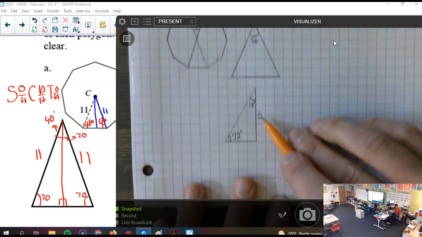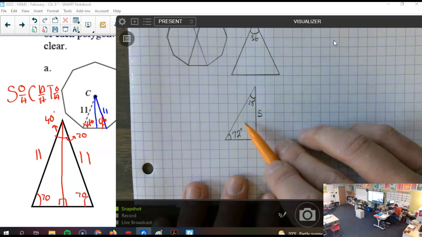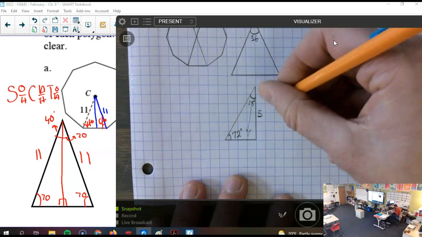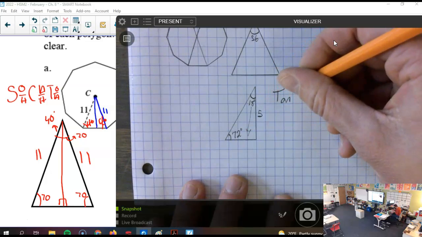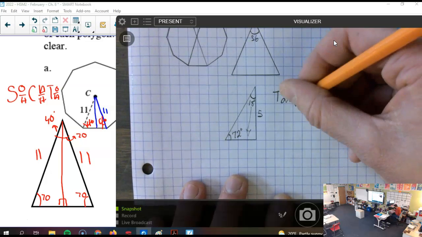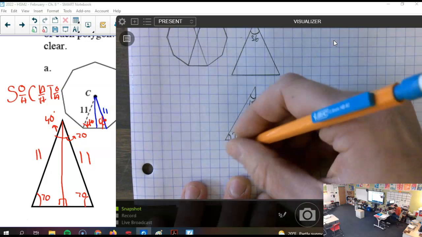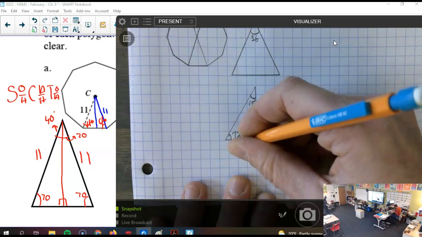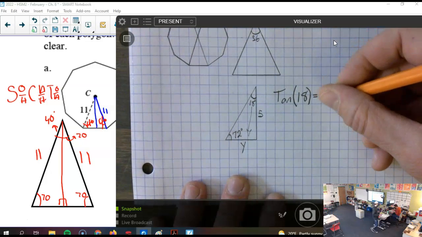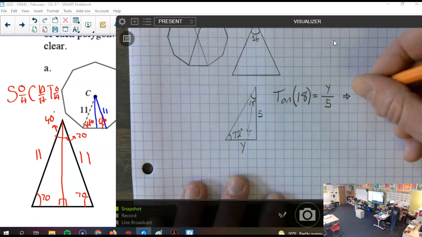I mean, the 5 is going to be beneficial. I don't think we need the hypotenuse. So, tangent? That's what I did. Tangent. 18 would probably be better, so our unknown can be on top. I'm going to go ahead and call this y again, just because we did it last time. y over 5. So this is the theorem I came up with.